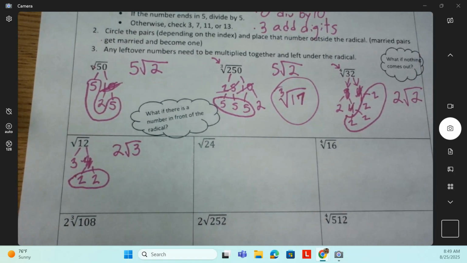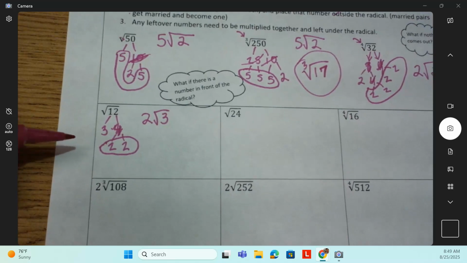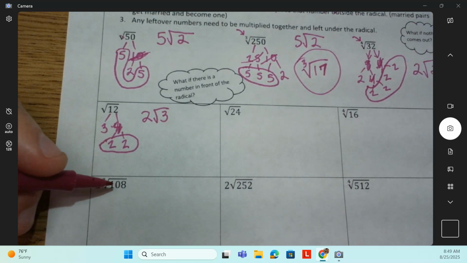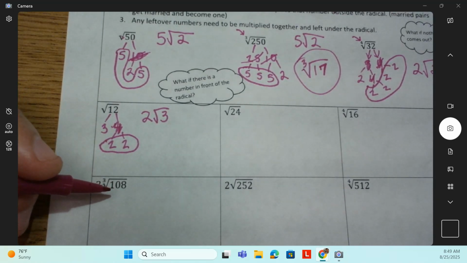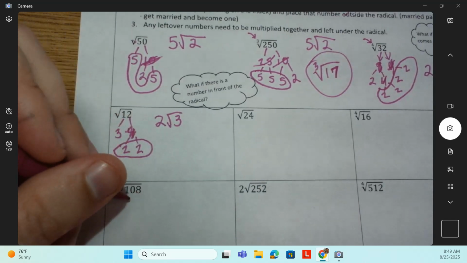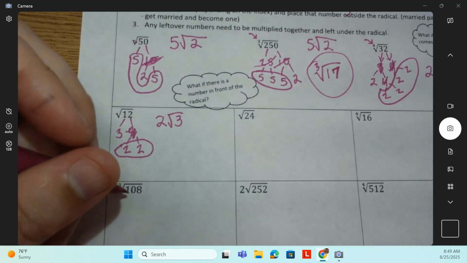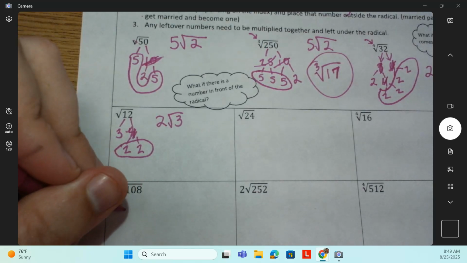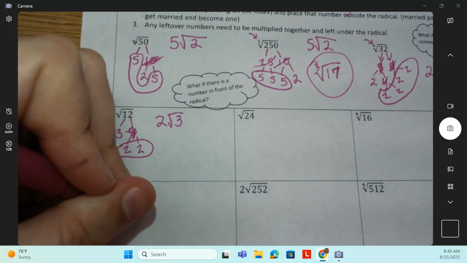We'll skip around a little bit here. I want to look at least one where we have the number on the outside. So when I have 108, I could say that's an even number, or I could say I know it divides by 3. Any of that works. Looking at it as an even number, half of 108 is 54, so I could split that up as 2 times 54.